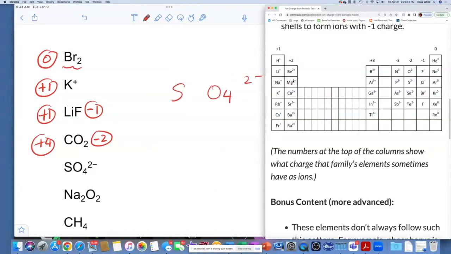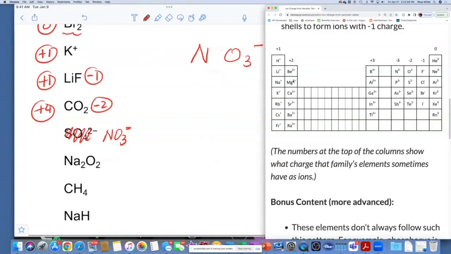Okay, so moving on from here, SO4 2 minus. We worked on that before, didn't we? What we did work on was NO3 minus. So let me work on that one instead, because we already worked on this before. So I'm going to work on NO3 minus, because I didn't get a chance to work on that. NO3 minus. So each nitrogen, oh, sorry, we're doing the oxygen first, right? Each oxygen is -2.